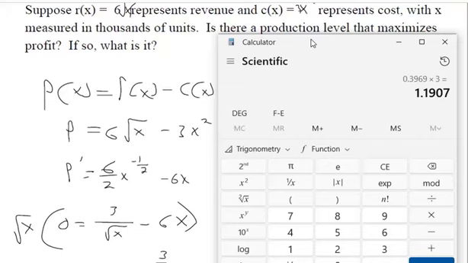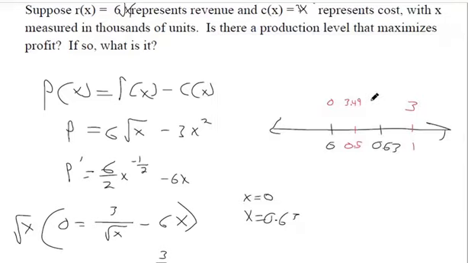So we got 1.19. So that's 3.57. Okay. So at 0.63, we've hit a maximum. 3.57 thousand or something is our profit. Okay, so since this is thousands of units, that means they want 630 units. That'll maximize it.